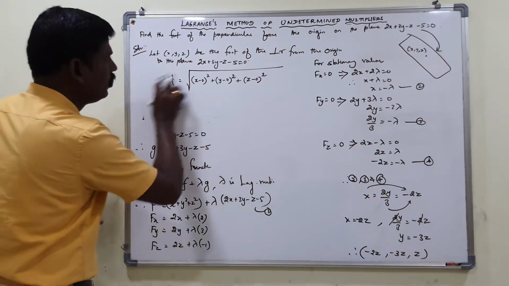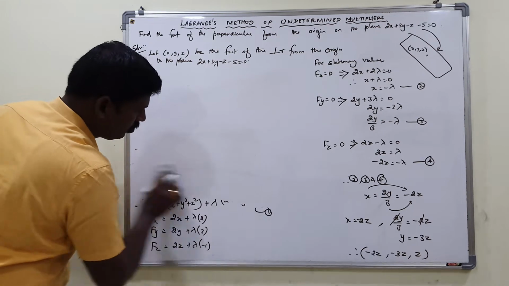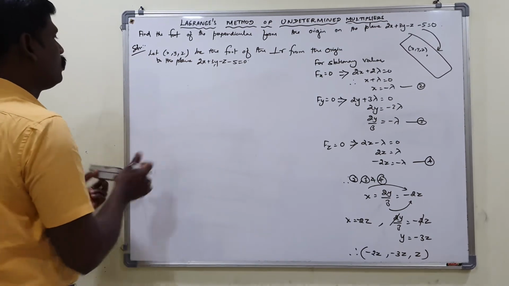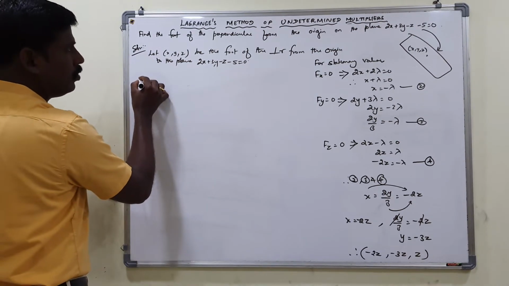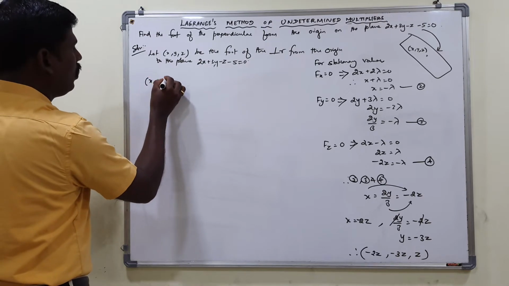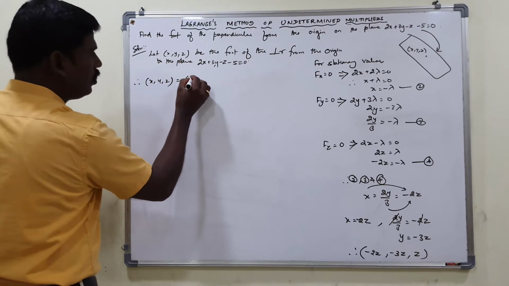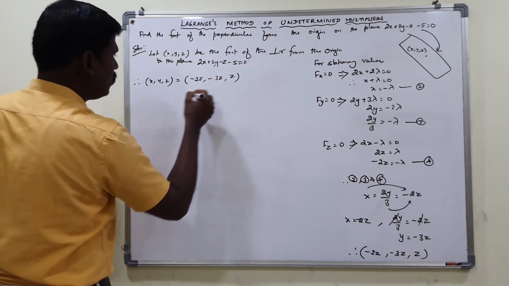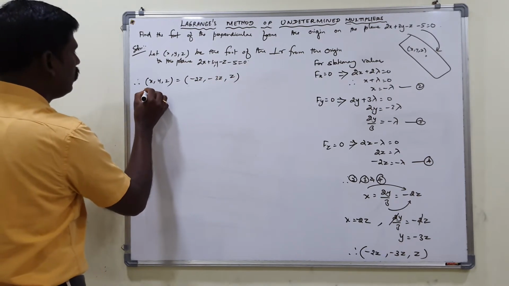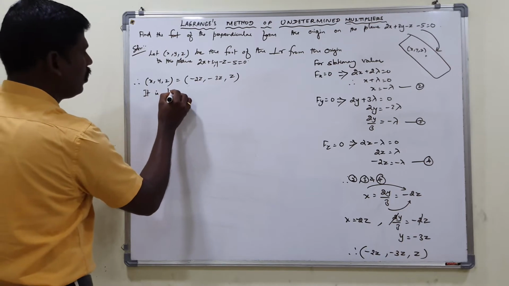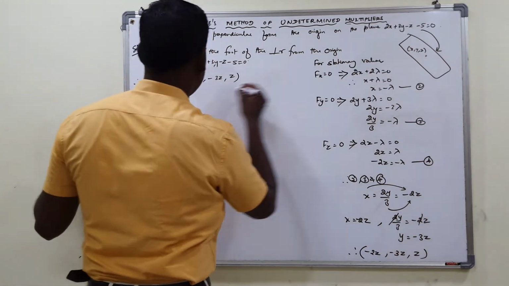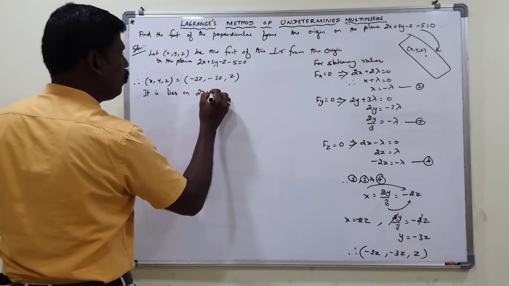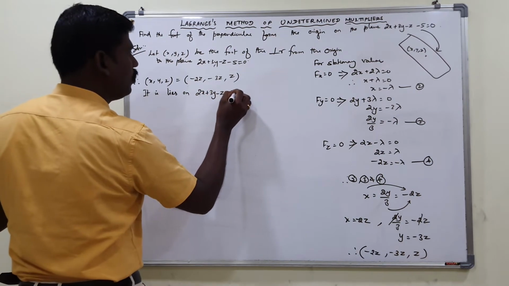Now, substitute. That is x comma y comma z is equal to what? Minus 2z, minus 3z, comma z. So it lies on the plane, isn't it? So 2x plus 3y minus z minus 5 equal to 0.